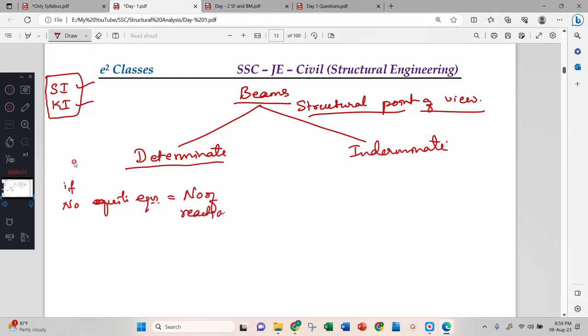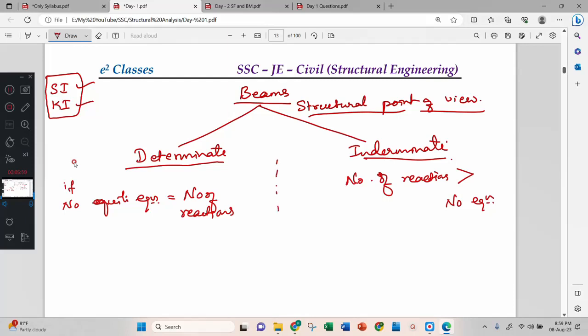What is an indeterminate beam? The number of reactions is greater than the number of equations. Just remember this.